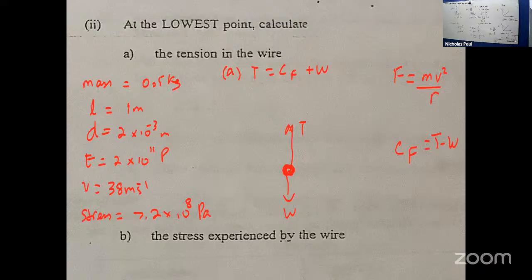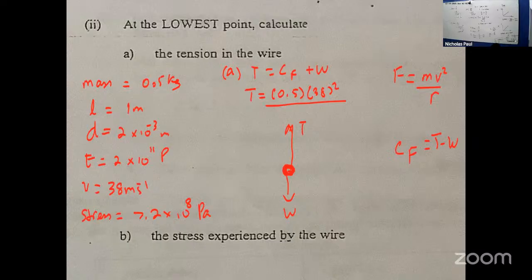So tension is what? Centripetal force, that's 0.5 by 38 squared, over R. What's your value of R? What's the radius of the whole circle? No, the radius of the circle.